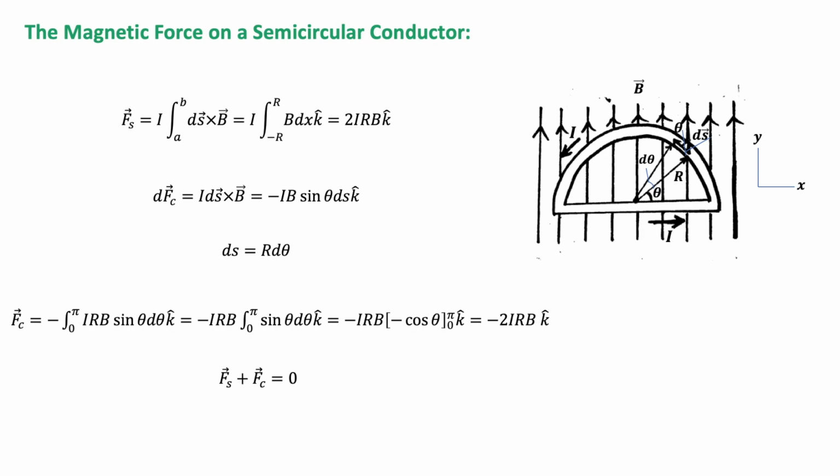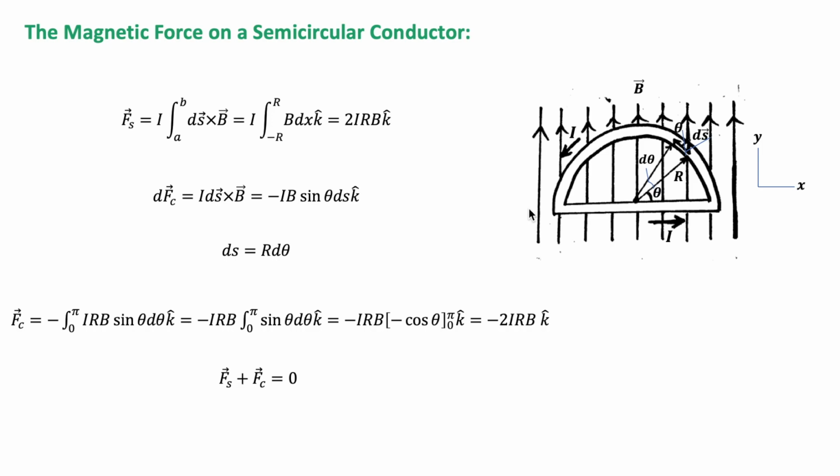So we will now consider the force on a semicircular conducting wire of radius r forming a closed circuit and carrying a current I. Suppose a uniform magnetic field is directed along the y-axis, okay? And we want to find the magnetic force on the straight portion of the wire and on the curved portion.